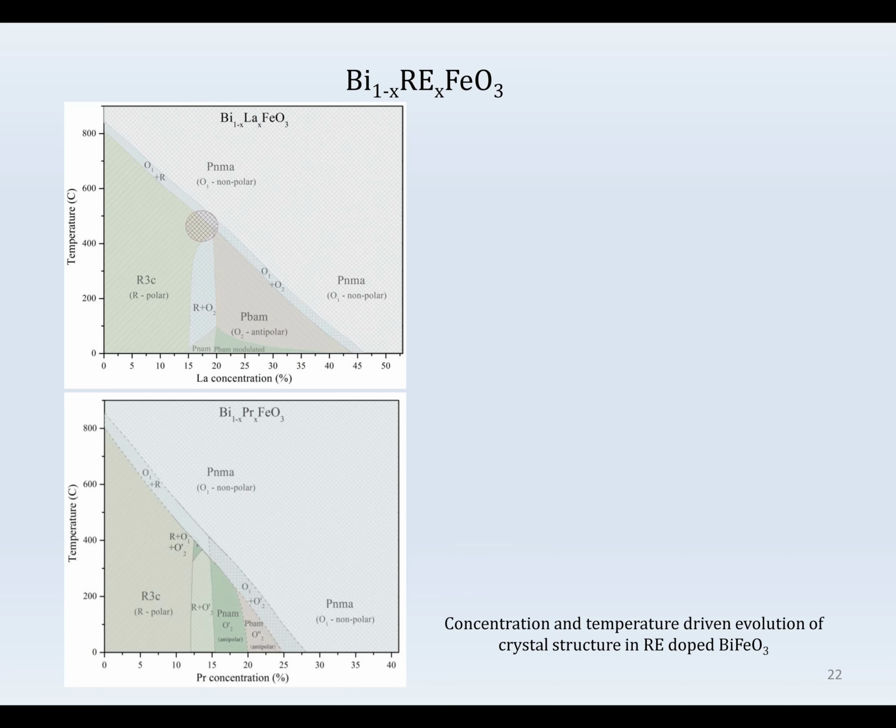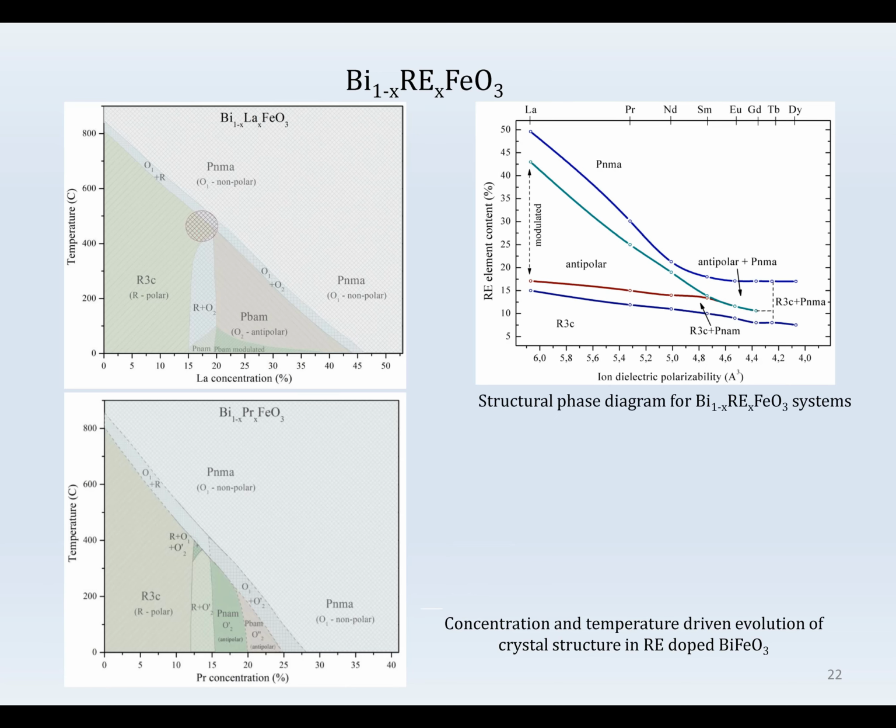So we also studied different dopants, neodymium, samarium, and for samarium we found that the concentration range ascribed to the antipolar phase is really narrow. It's about 1%.